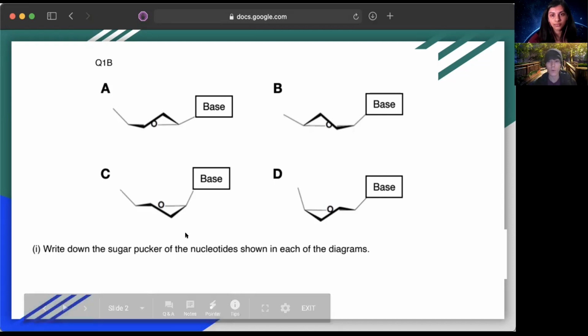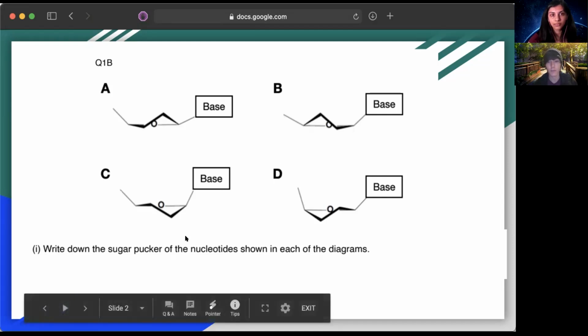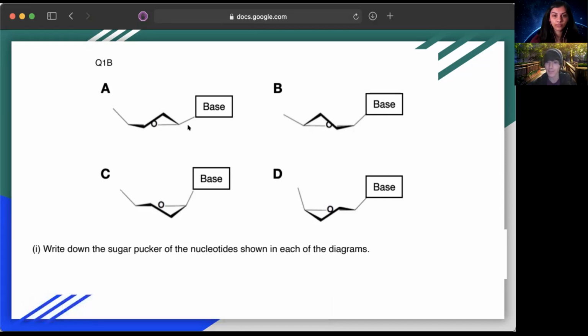Then there are four different combinations of puckers that you've learned in class, depending on which carbon the pucker is on. So can you tell me what the pucker for A is?